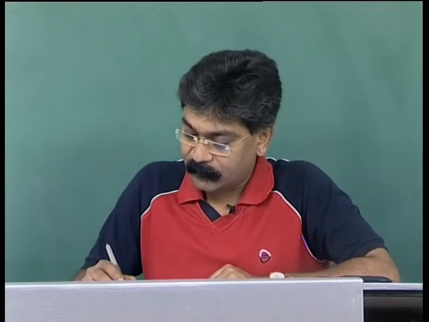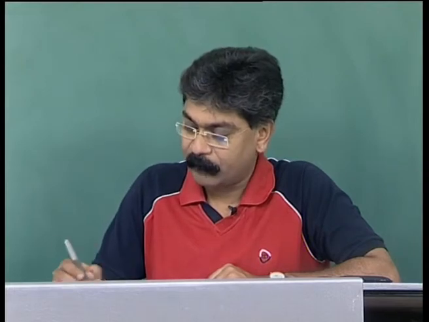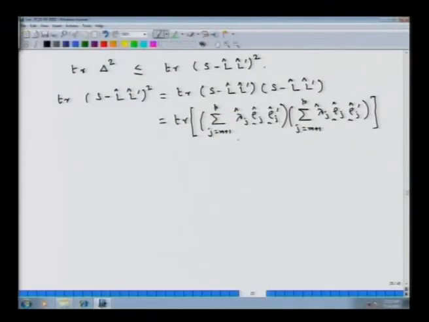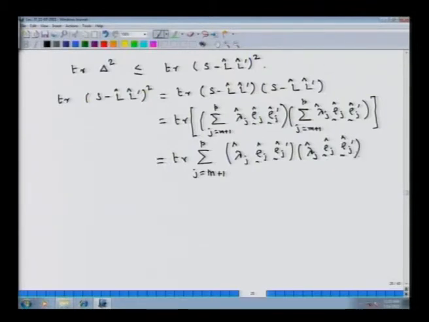Hence only the terms for which the same index in this sum and the same index in this sum are multiplied survive, and that leads us to the following expression: summation j equal to m plus 1 up to p of lambda j hat E j hat E j hat transpose times the same quantity from the other summation, same index, that is lambda j hat times E j hat E j hat transpose.